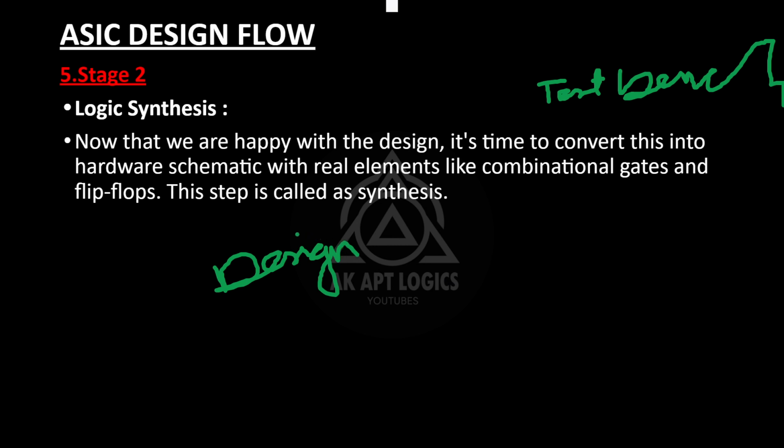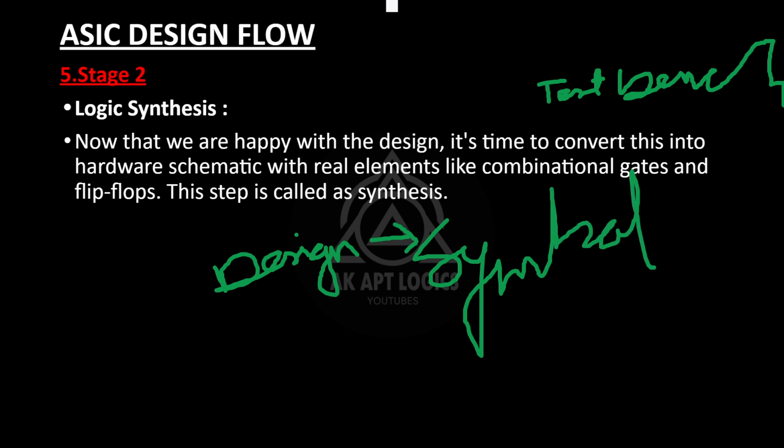The design will be converted to the symbol, simply put. You convert it to the symbol with real elements like combinational gates and flip-flops. It actually does not convert into gates, there will be some code.